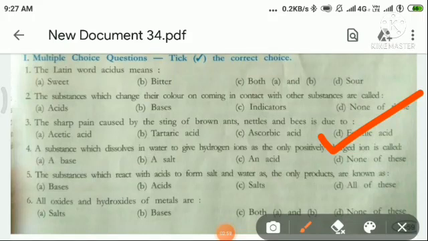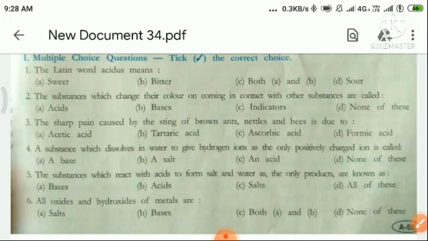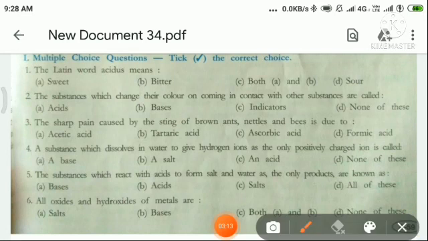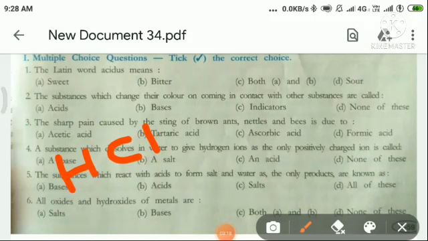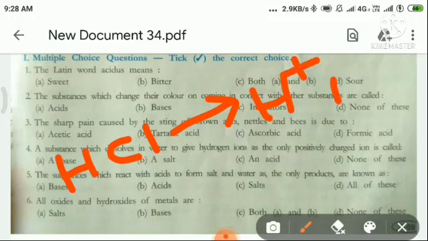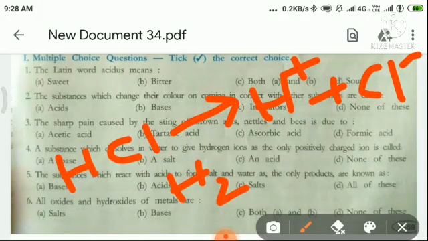Now, a substance which dissolves in water to give hydrogen ion as the only positively charged ion. I think you don't have this in your book; it is any acid. Suppose we take HCl, hydrochloric acid.